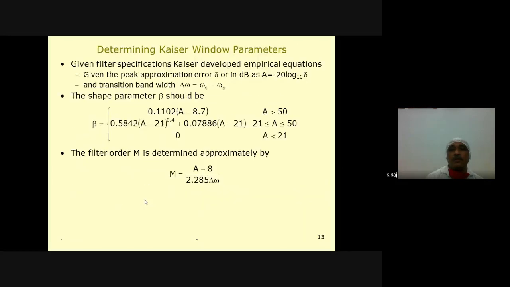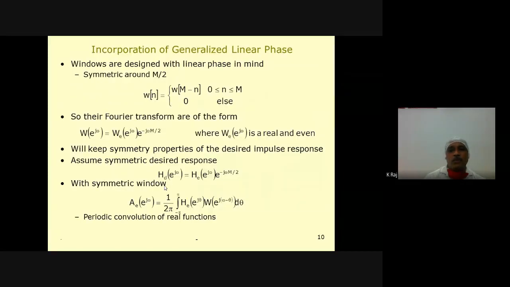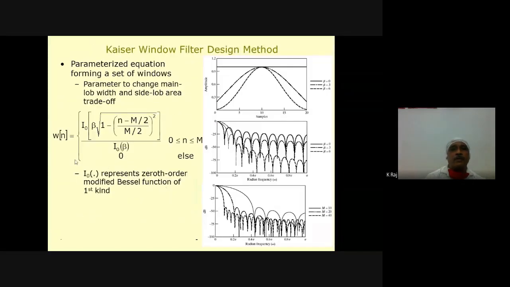Again, going to the previous slide to describe it, h[n] is sine omega c (n minus M by 2) divided by pi (n minus M by 2), and it is multiplied by w[n]. And what is w[n]? Again, see here that w[n] is given by the zeroth order modified Bessel function of the first kind.